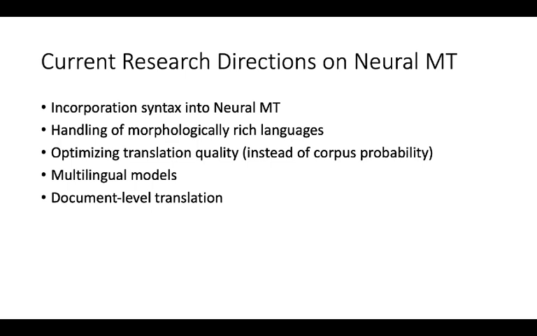And we also have some results on adapting the knowledge learned from a very similar high-resource language to a low-resource language. Suppose, for example, you have two languages that belong to the same language family.